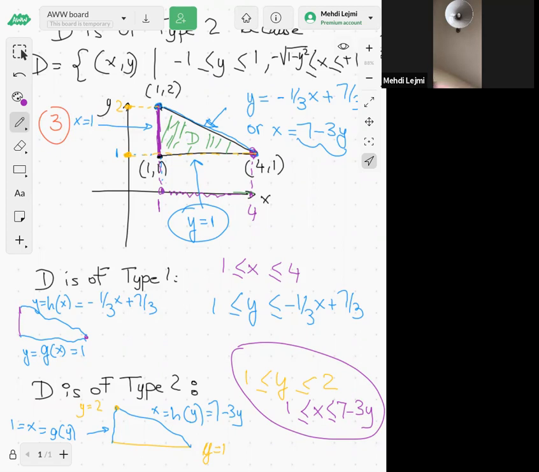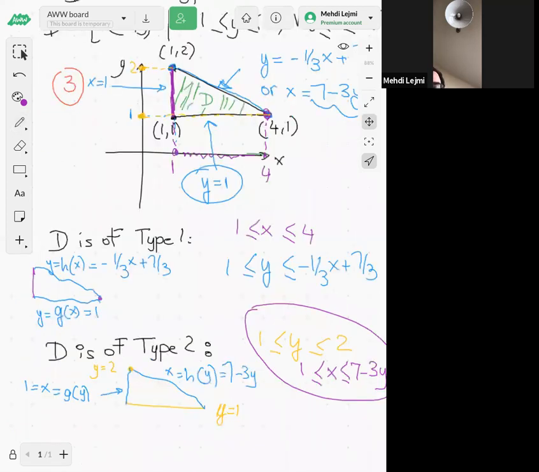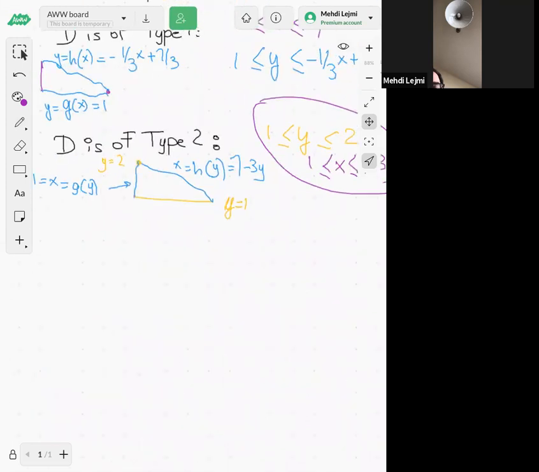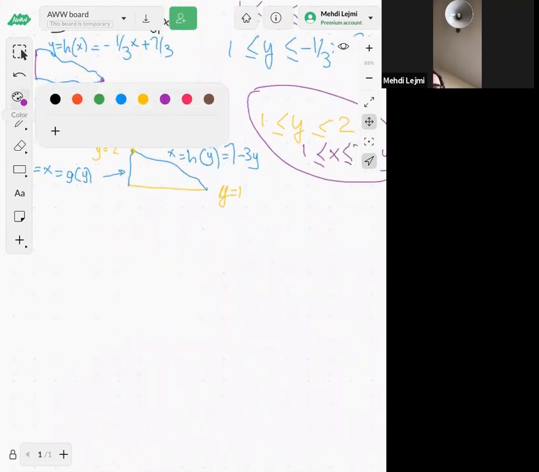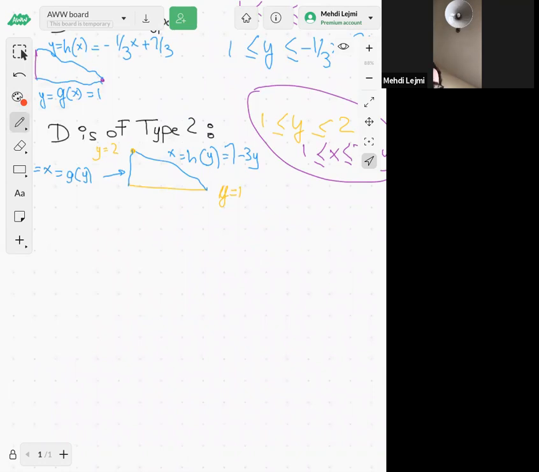So we have this ring, number 4. This is a very interesting question. D is a different region here. It's not a disk, it's not a triangle, it's an annulus, right?